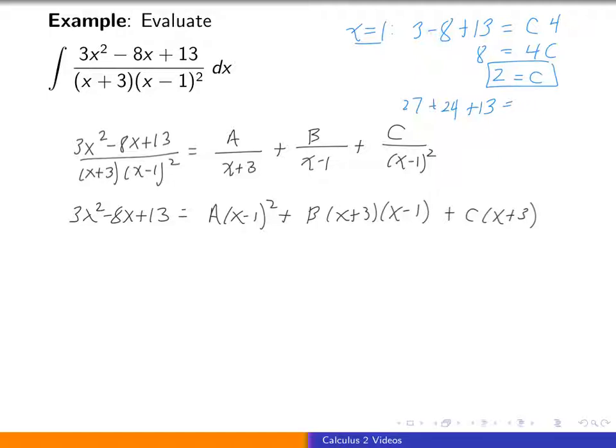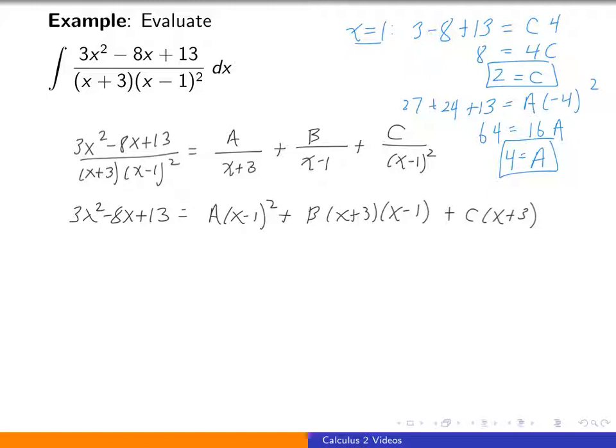So we have A times minus 4 squared. So this is 64 equals 16A, which means that A is equal to 4.